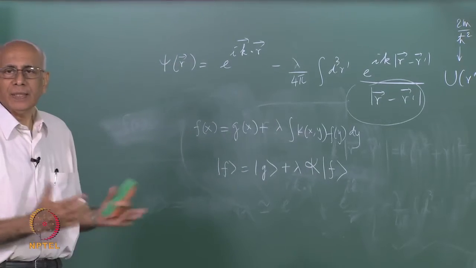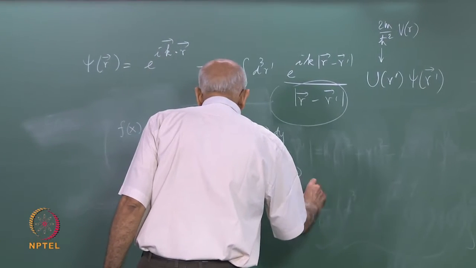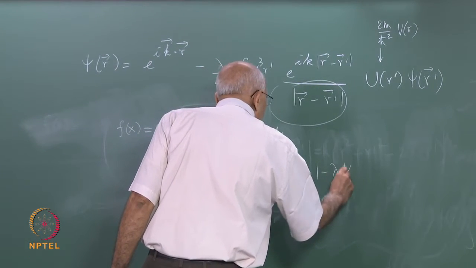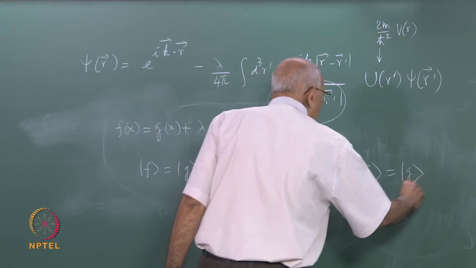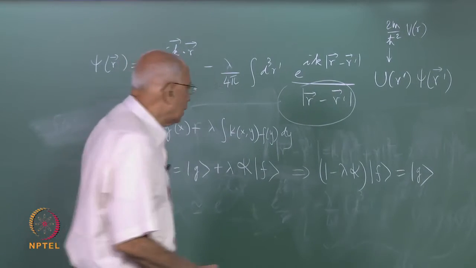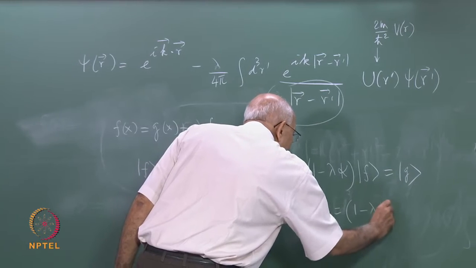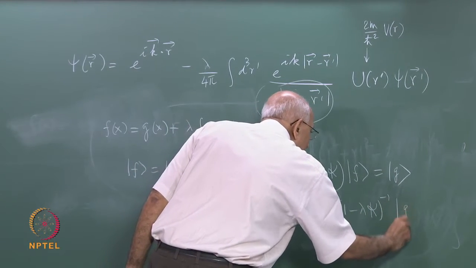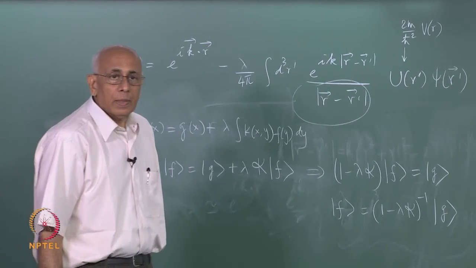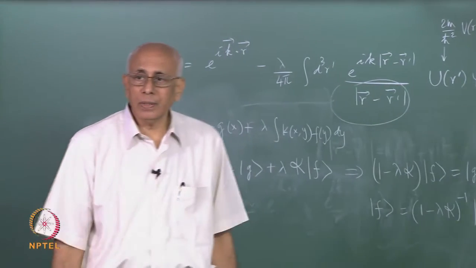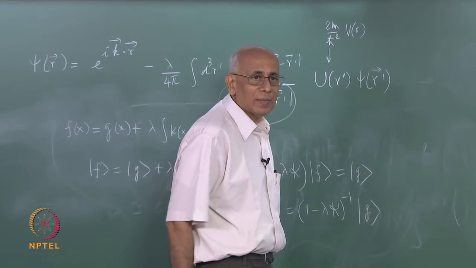How do you solve such an equation here? Well, one way to do this is to say this implies that 1 minus lambda K acting on f equal to the given quantity g, which would mean that formally f is equal to 1 minus lambda K inverse acting on g. And now I do a binomial expansion of this inverse operator, provided a certain quantity is much less than 1, is less than 1, right.